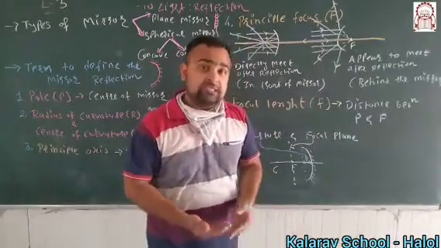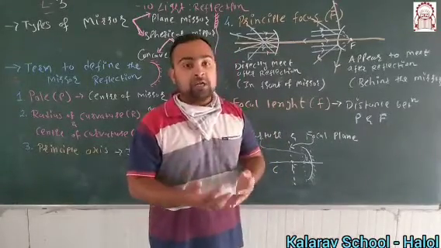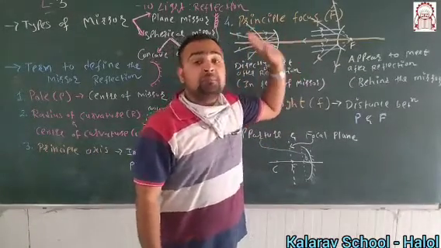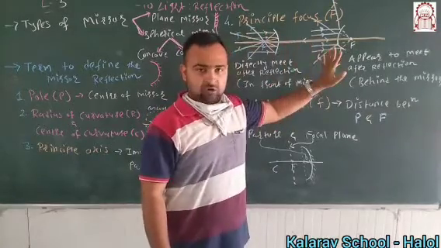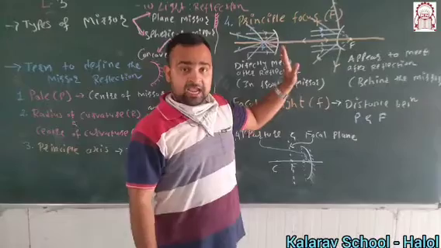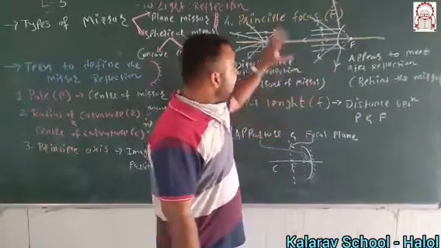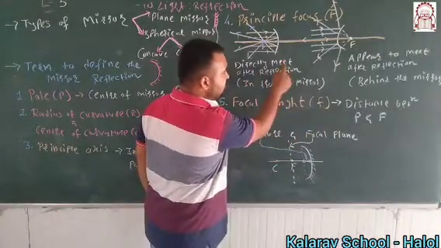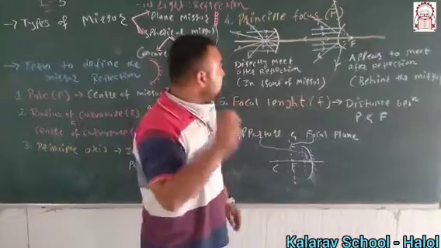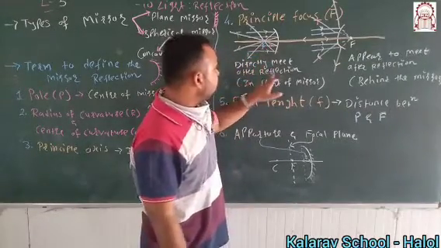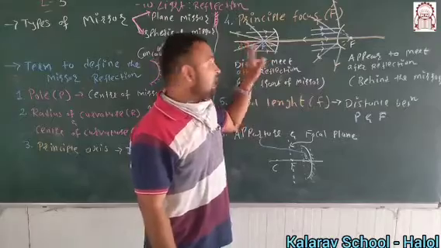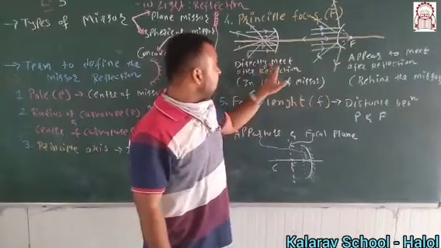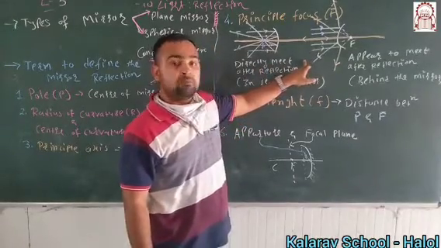The definition is that when a parallel beam of light is incident on the mirror, after the reflection, if they directly meet at a point, then in the case of the concave mirror, you have to specify that they directly meet.